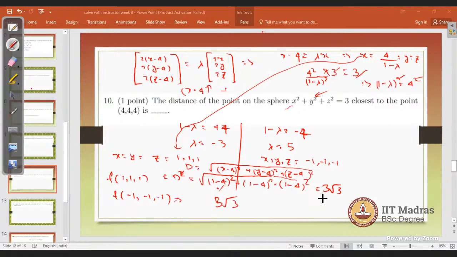By any method, if you are able to get that x, y, z value, that's fine. So I need not calculate the lambda, right? No. If a question is asking what the lambda value is, then you can calculate. Otherwise, our ultimate goal is to get this x, y, z value. By just seeing that value, that's also a good approach.